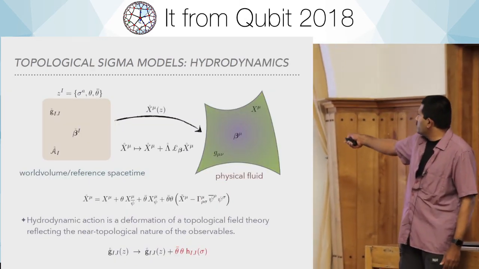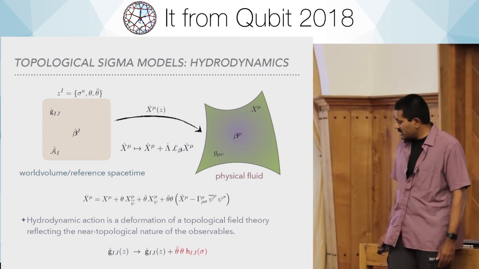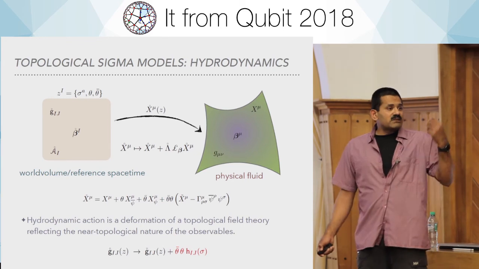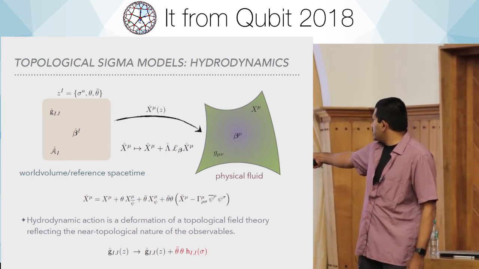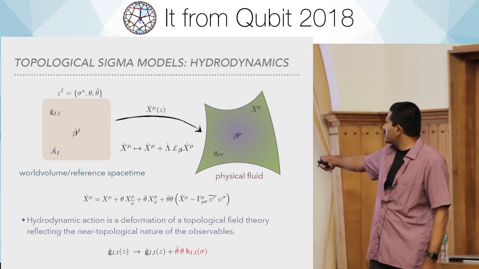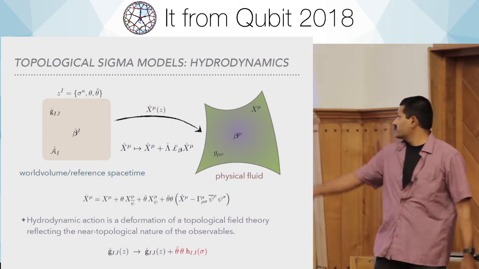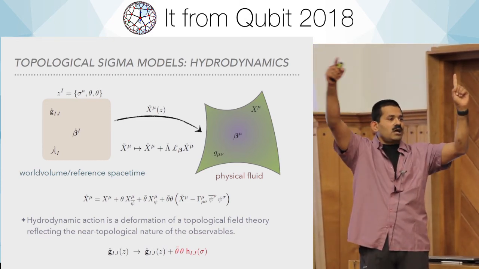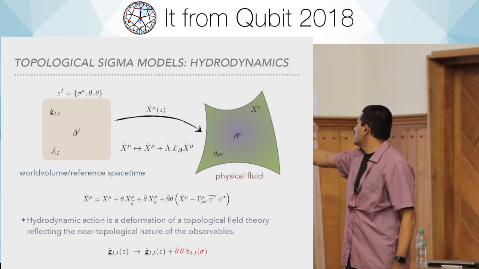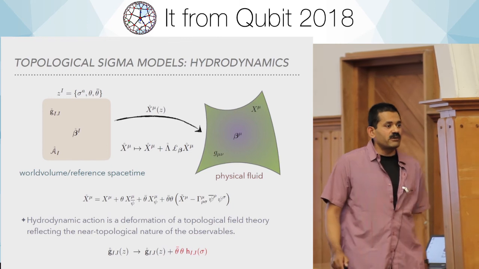So if you have a physical fluid living on some space with some metric, and here's our temperature and velocity fields, the variables of hydrodynamics are just how this physical temperature, this thermal vector, is obtained from some reference inertial configuration. Think of this vector beta I as just the vector 1, 0, 0, 0, and its push forward into the physical space is the dynamical data of hydrodynamics.